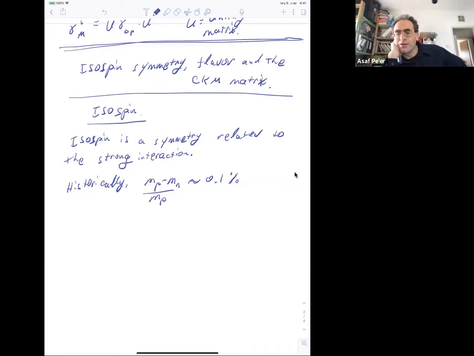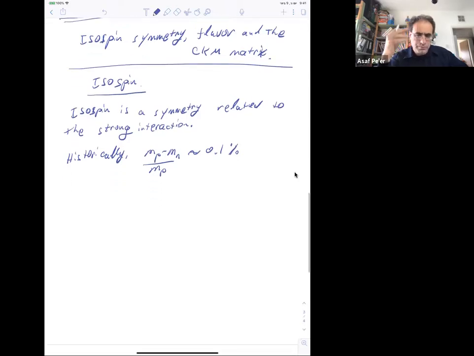So if there was no electromagnetic or weak interactions in nature, then it would be very difficult to distinguish between them. They would still be distinguishable because there is a difference in mass, right? A small difference in mass. So that's why we say it's only an approximate symmetry, not an exact symmetry. But they're identical.